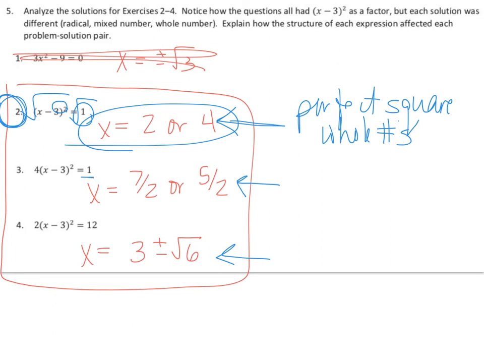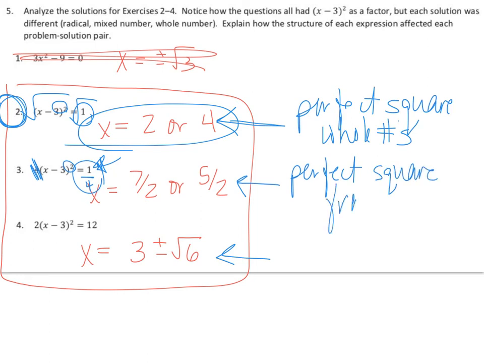Here, even if I put 1/4 on the right, I've got a perfect square and a perfect square, but my perfect square, this one, is a fraction. So my answer is a fraction. And then here, I'm going to divide that, which gives me 6, which is not a perfect square. So that's a perfect square, that is not, which is why I have a radical answer.